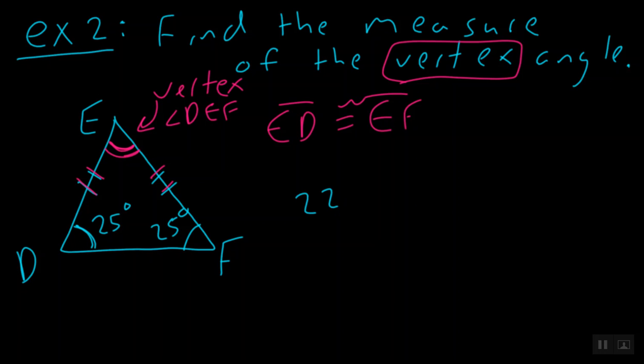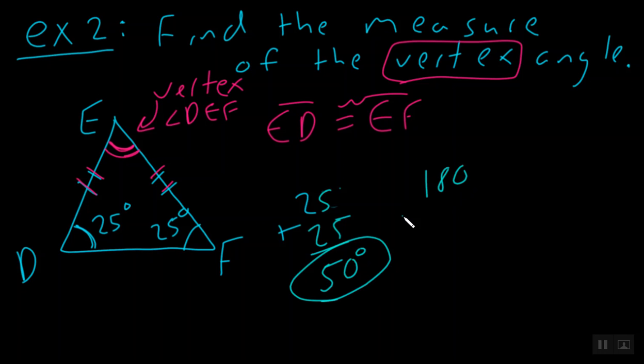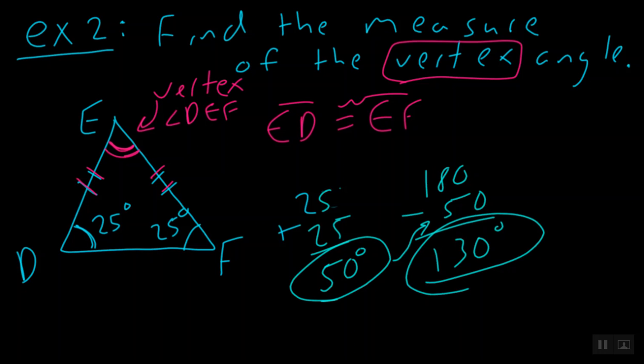So we can do, okay, 25, my apologies guys, 25 plus 25, well, we know that that's going to be 50 degrees. Well, then we simply have to take and subtract this from 180, and we get the remainder of our angle, which would be 130 degrees.